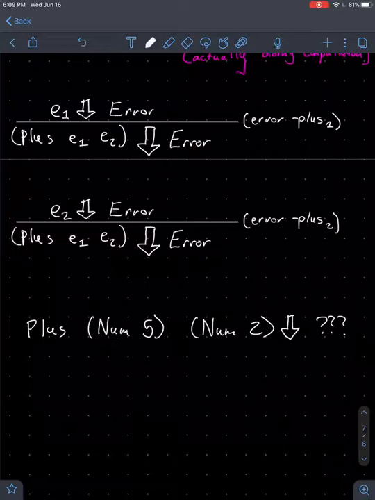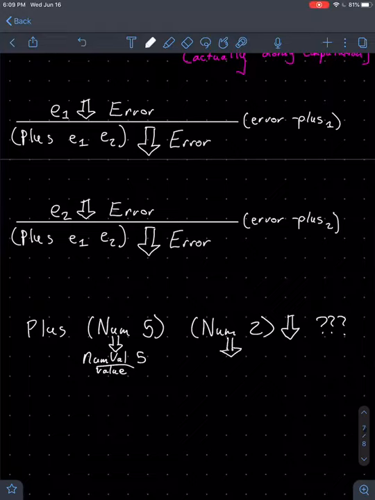Numval 5, right? That's a value. And what does num2 evaluate to? That's going to be numval 2. And that's another value.